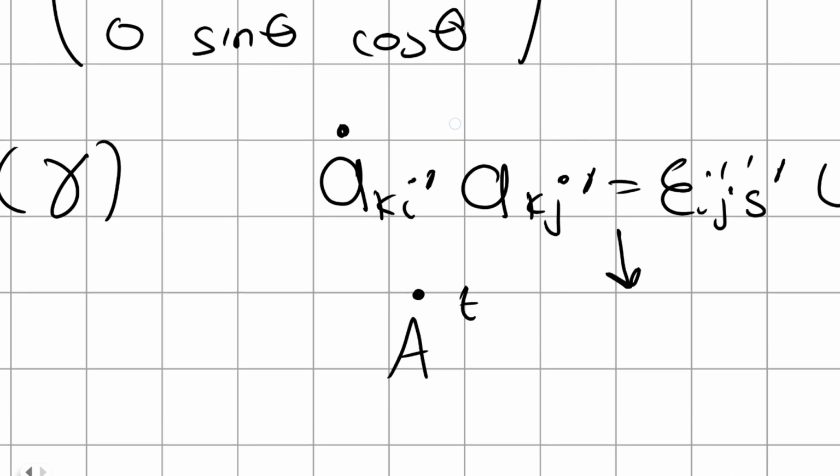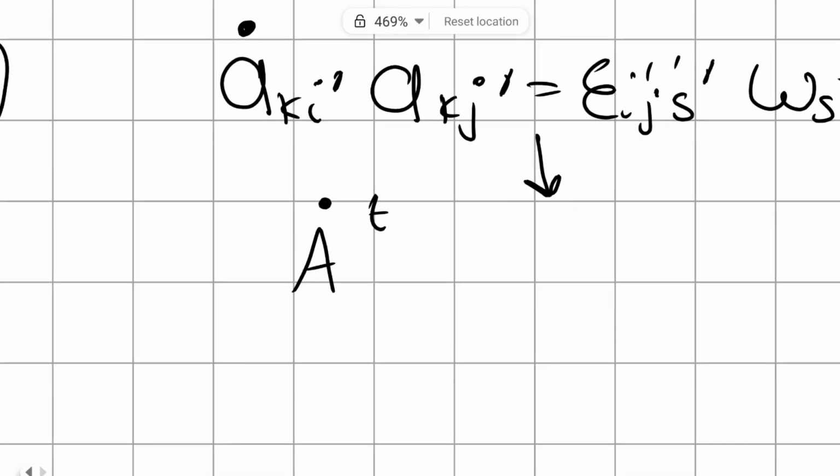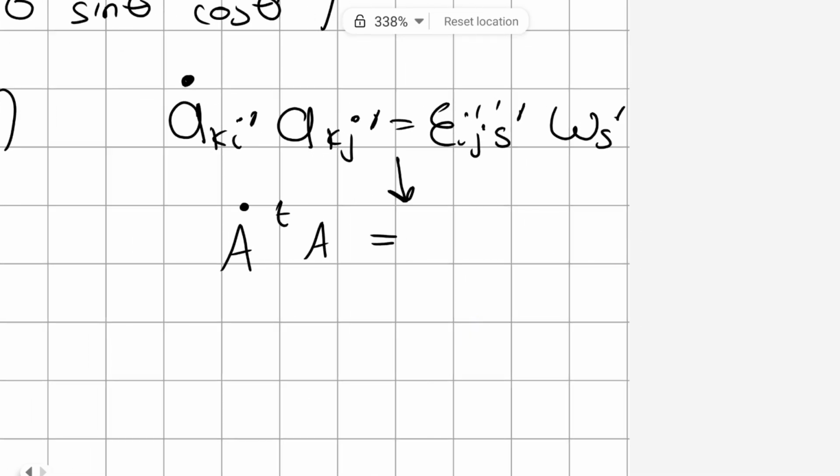And we are taking the derivative with respect to time, which is equivalent to taking the derivative with respect to time of each element of the matrix. And here we are going to multiply by A, and this is going to be equal to some matrix whose elements are going to be the angular velocity components, but we will see that in the second part of the lesson.